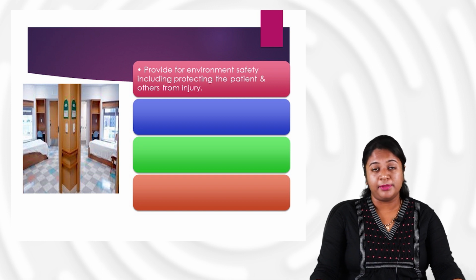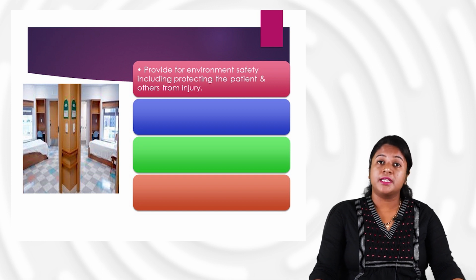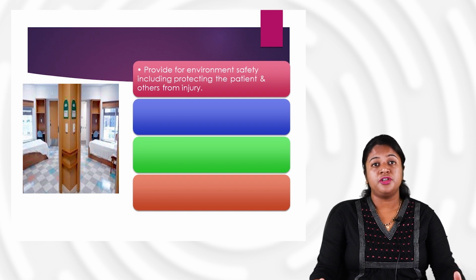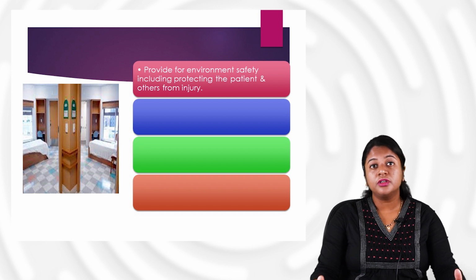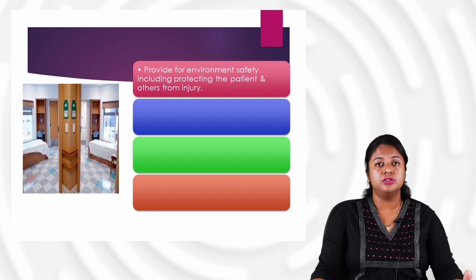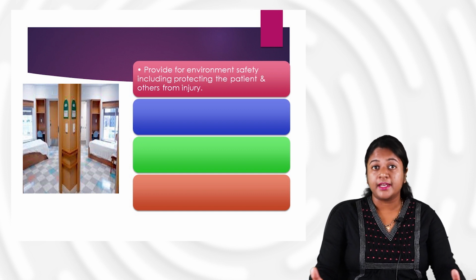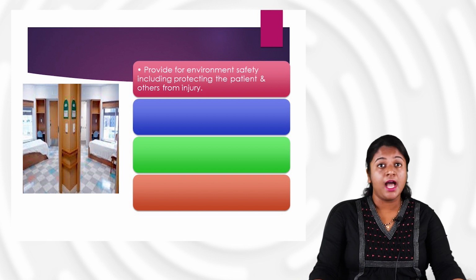Or say, for example, there is a patient with aggressive behavior. Even in those cases, the environment should be very much taken care of to protect the client as well as the other clients. We shouldn't keep any kind of materials or equipment with which the patient can destroy things or harm himself as well as the other person.